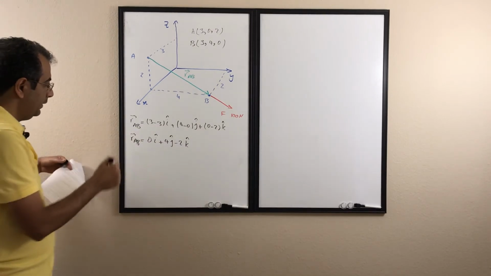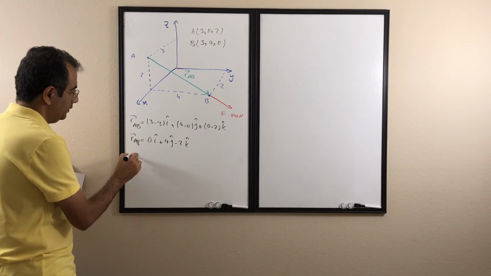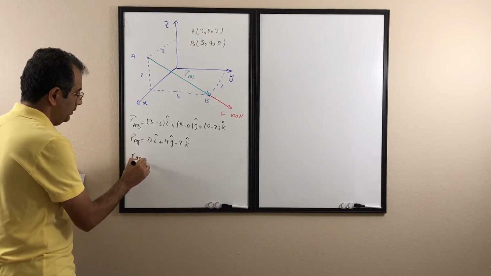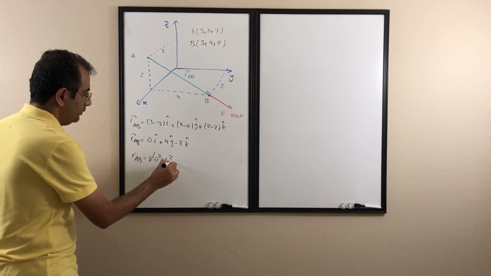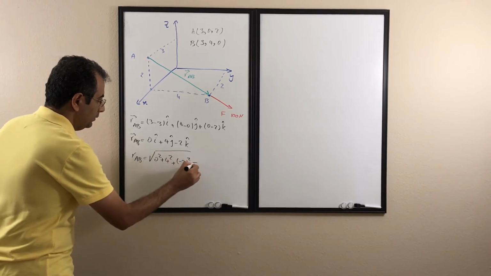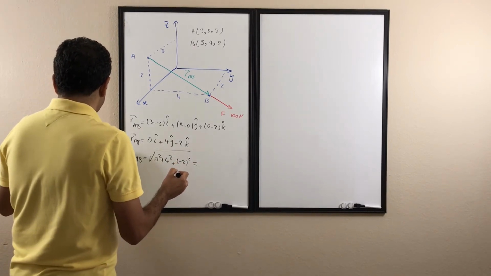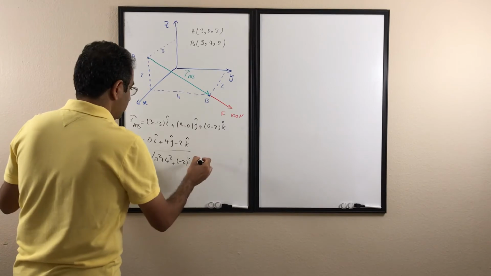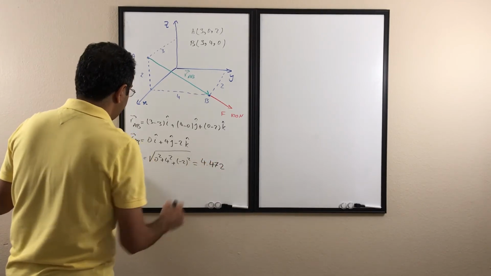And this is the position vector, and its magnitude is the square root of 0 squared plus 4 squared plus 2 squared. This is going to be 4.472.